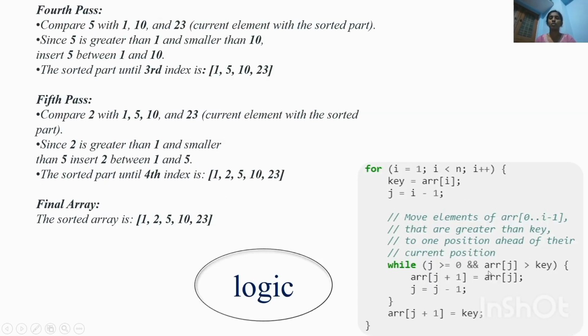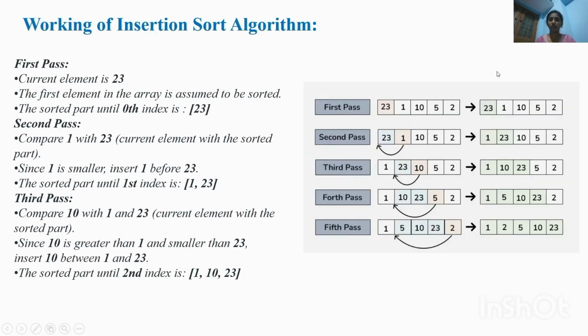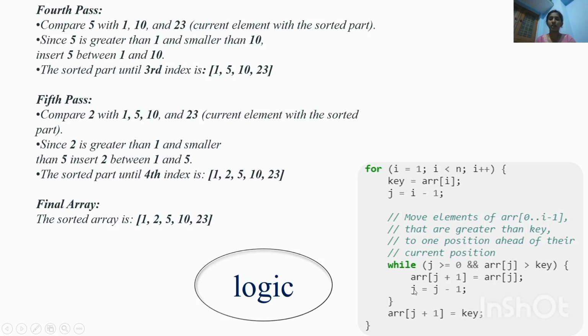Is array of j, 23, greater? Yes, it is true. If the statement is true, then array of j plus 1 will be equal to array of j. You can see it has shifted. And next we have j equals j minus 1.